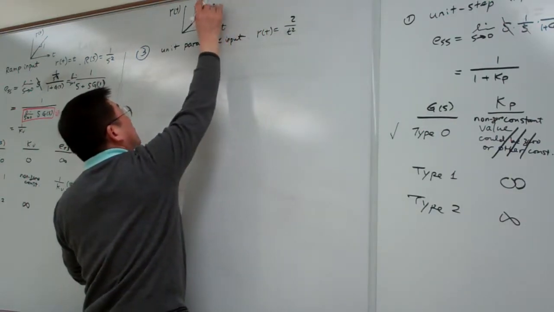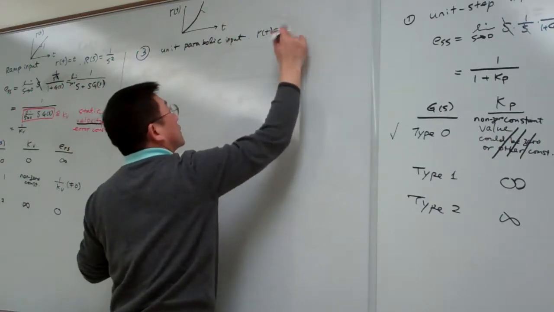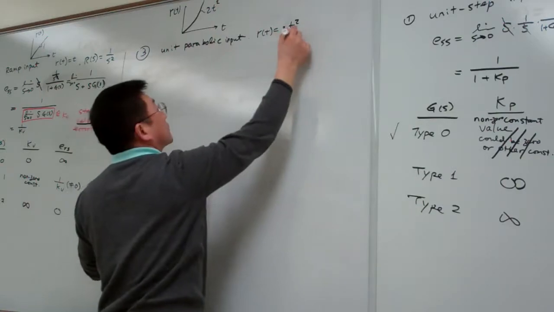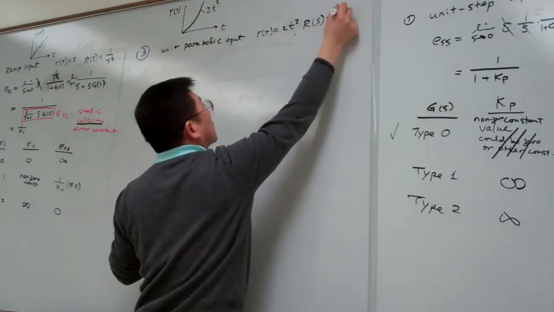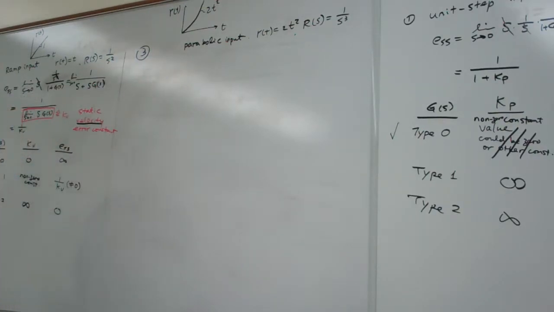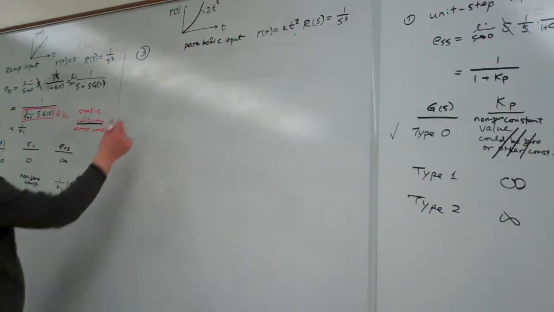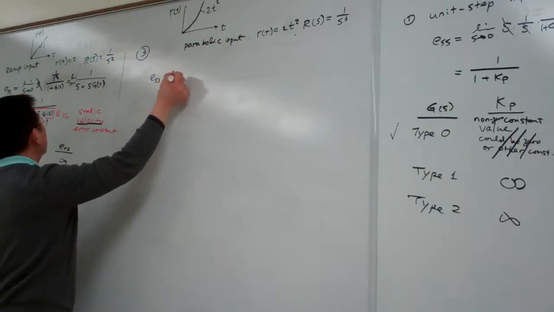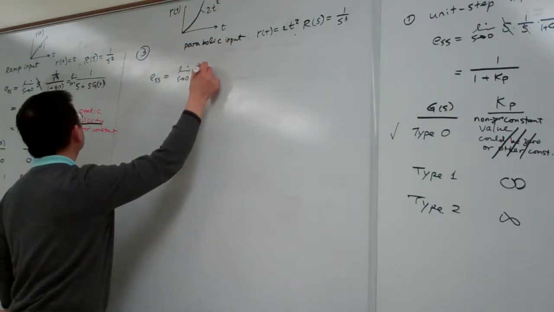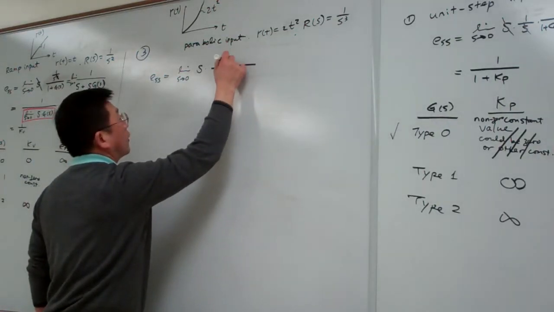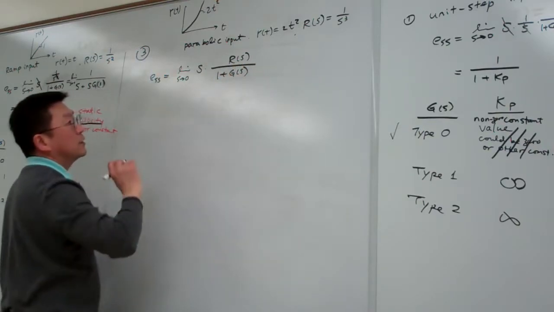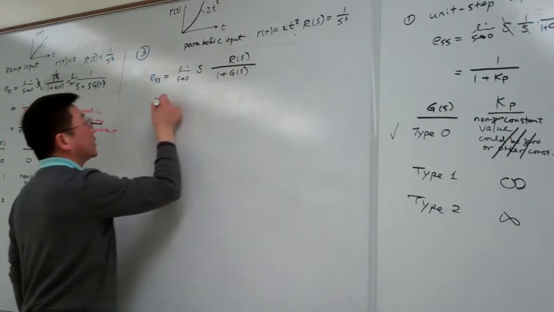Sorry, let me change. Oops, sorry, t squared over 2. So that means R(s) will be equal to this one. So not unit, only parabolic. The same thing, E_ss will be equal to the limit as s approaches 0 of s times R(s) over 1 plus G(s). So here again we plug in what R(s) is.